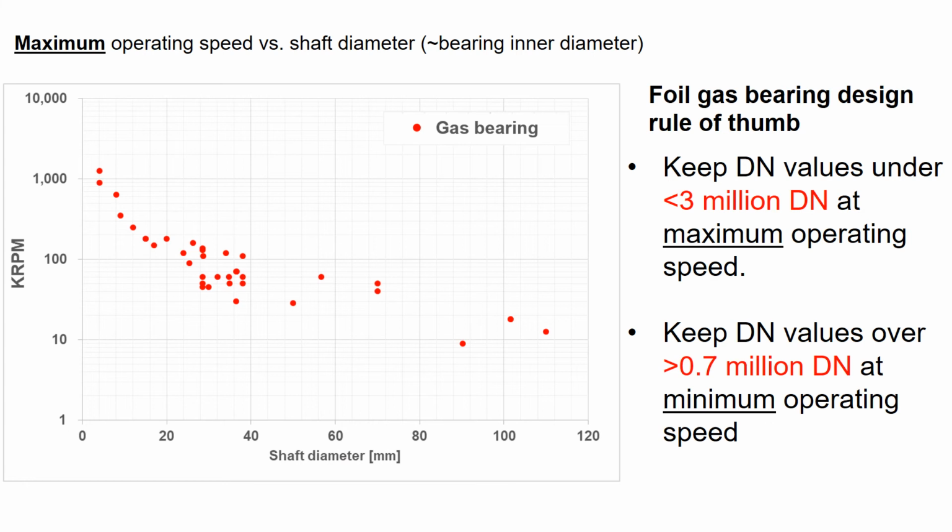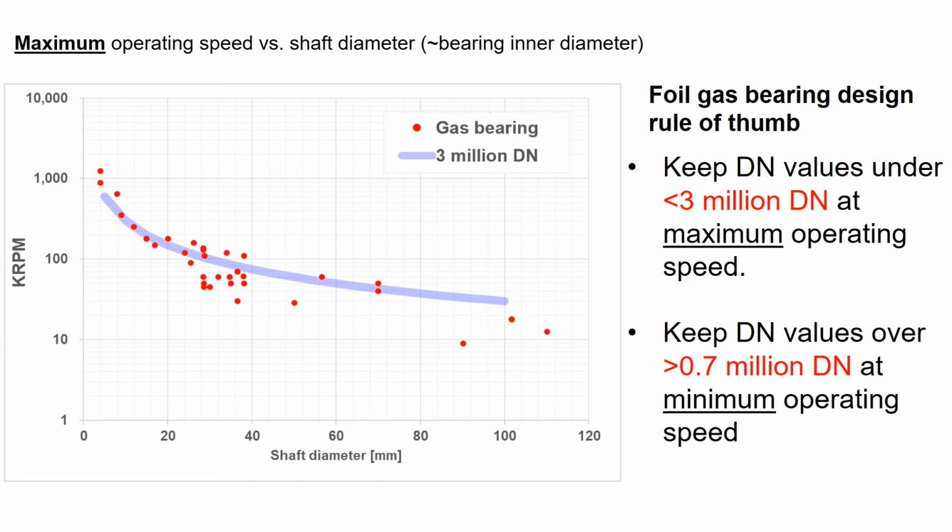Here is the collection of the data points for maximum operating speed versus the shaft diameter, or bearing inner diameter. These data points are from the past literature, which reports the maximum operating speed of its machine. In well-controlled laboratory experiments, one can achieve high maximum speed.